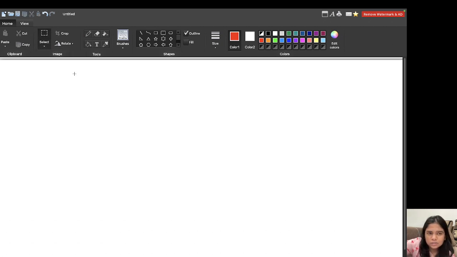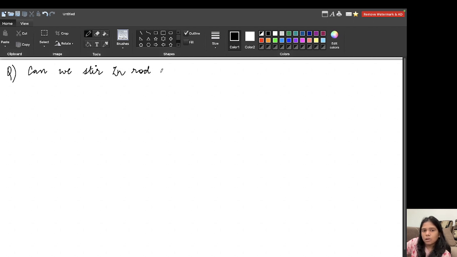The last question from this topic. It's a little bit logical question. Can we stir a zinc rod in your CuSO4 solution?